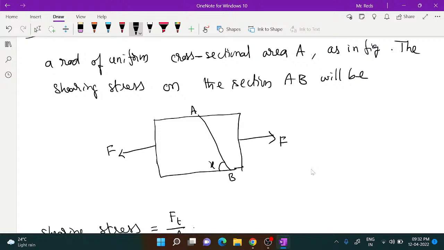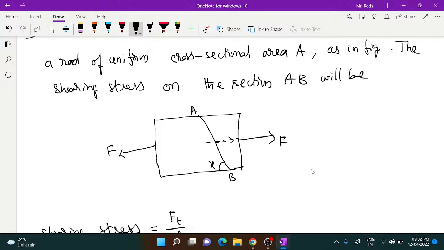This is the section. What is the force acting along the surface? The tangential force. By symmetry, this force is horizontal, and the angle between this and the section is x. What should be the component of this force normal to the section and along it?